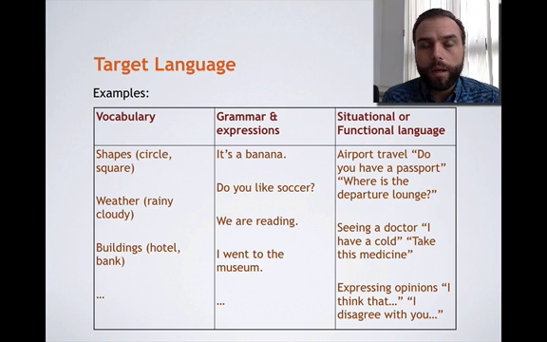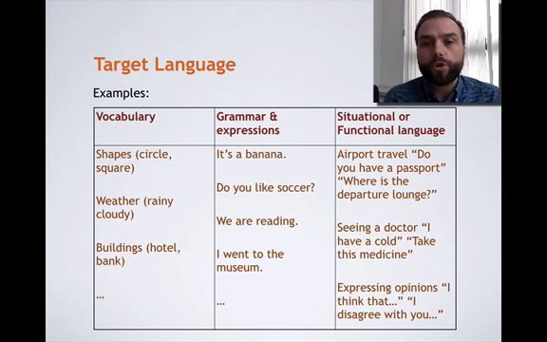For example, situations when we travel or in a business context. And functional language is why we are using the language. So functional language, language functions are the reasons we're using language. For example, asking about things around us, or sharing our opinions, or perhaps creative language. So just a few examples here.